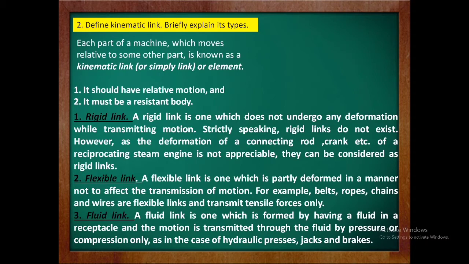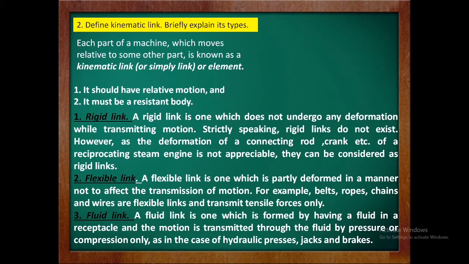Second is the flexible link. A flexible link is one which is partly deformed in a manner not to affect the transmission of motion. For example, belt, rope and chain drives are flexible links which transmit tensile forces only.